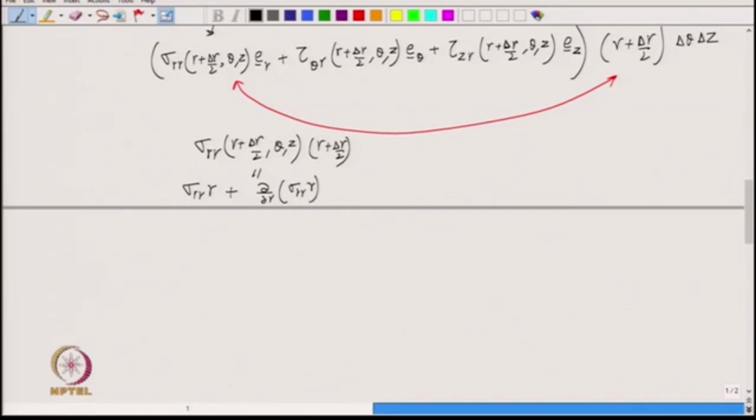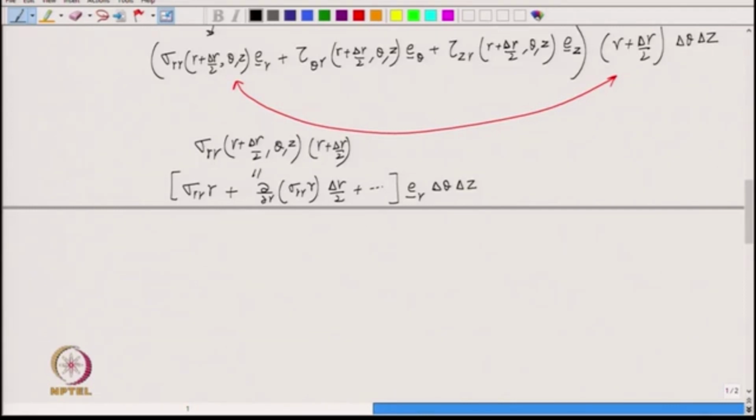You see we are doing the Taylor's expansion of the product, is not it, times the change in radius, which is here delta r by 2, and then you have also the higher order terms, and this gets multiplied with E r into delta theta into delta z, correct.